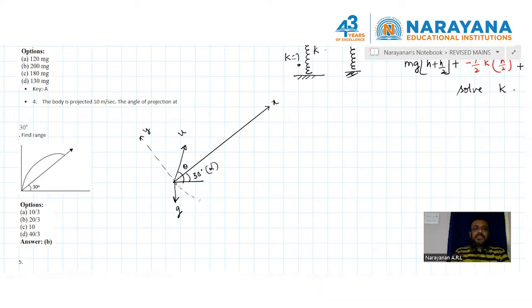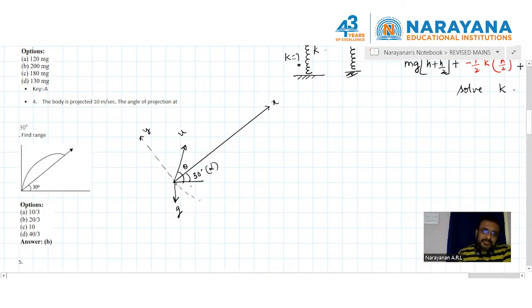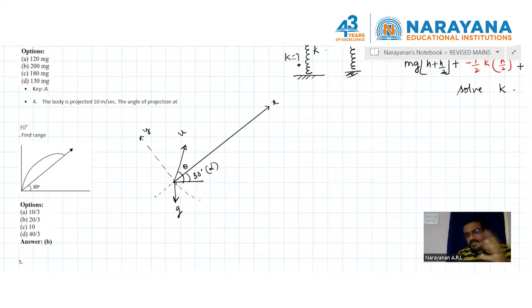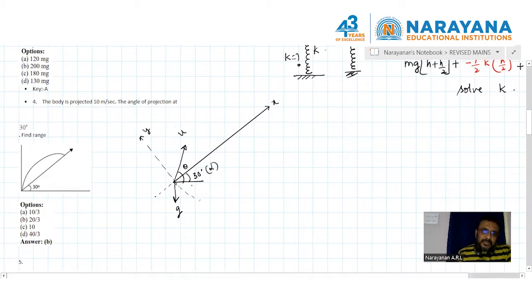So I'm trying to just present you the hint, or what sort of question is being asked, as told by the students based on what they remember. These questions may not be otherwise accurate with figures and all. 30, 60, this will be 30 again. So this is g sine 30 and this is g cos 30.